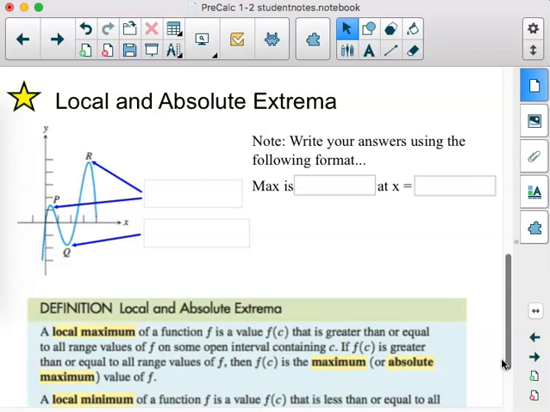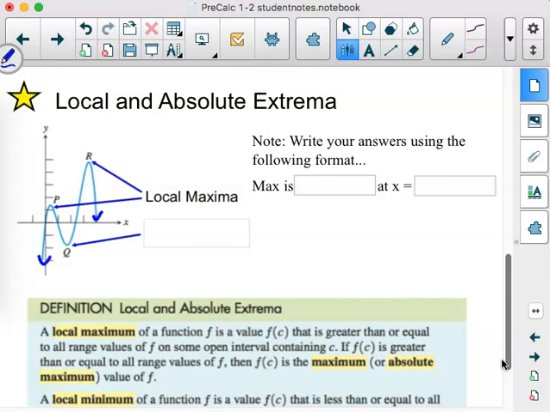So these would be local maxima. They're turning points. And if you only look at a certain interval on the x's, those are your highest points. Oh, and yeah, it's missing its arrows again. Down here at Q, that would be a local minimum.